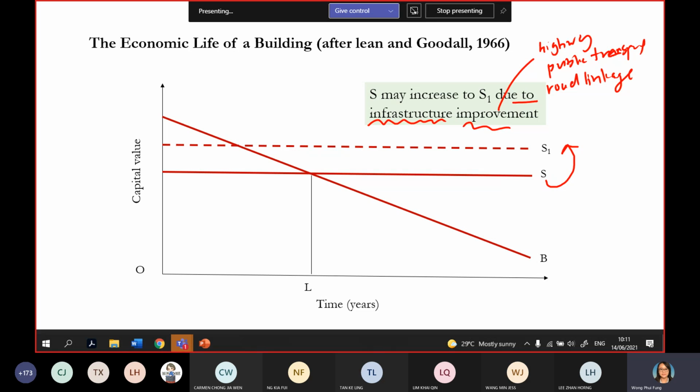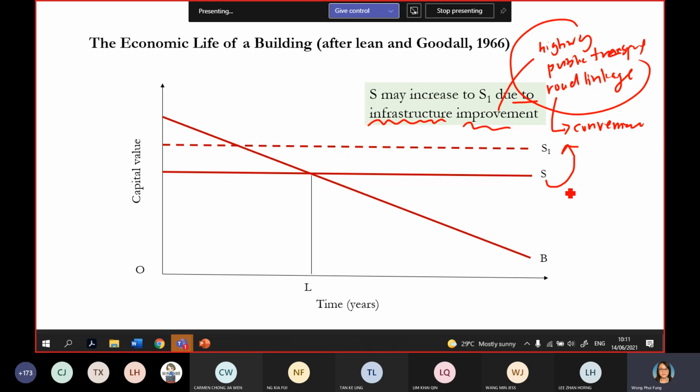So you can see there is more and more development in Semenyih, Seremban, and Sepang, very far away from the city center already. And their site value, their land value, started to increase because of the infrastructure improvement. Why does all this cause the land value to increase? Because of convenience. Okay, it improves the convenience.